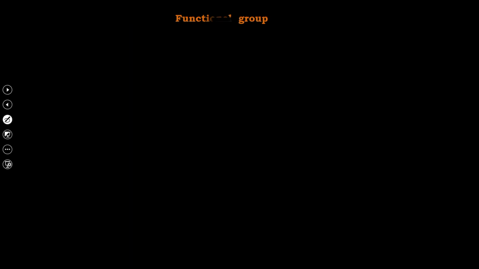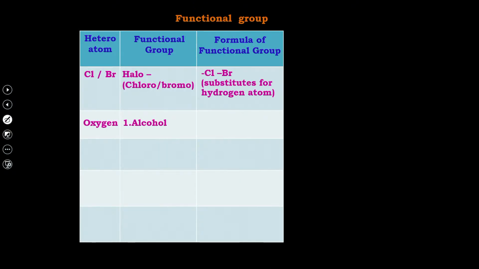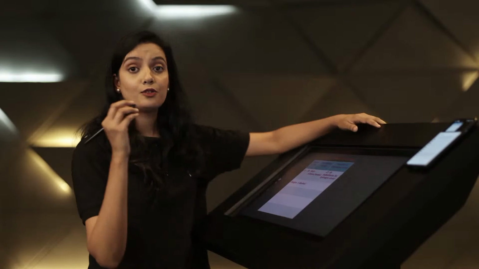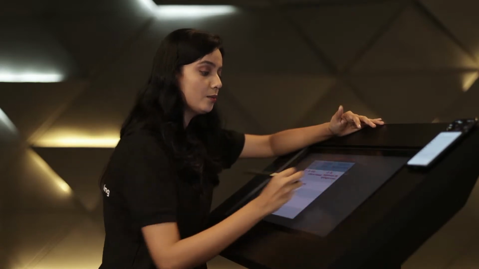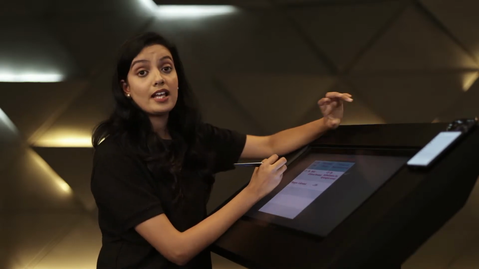Now, moving towards some of the functional groups which you should know and which will be helpful for your 11th class. Basically we have halides, which I just told you, that is chlorine, bromine or iodine. For that we use the prefix halo, like chloromethane, bromomethane, chloroethane. And the functional group is chlorine, bromine, iodine, etc. Now, coming to alcohol.